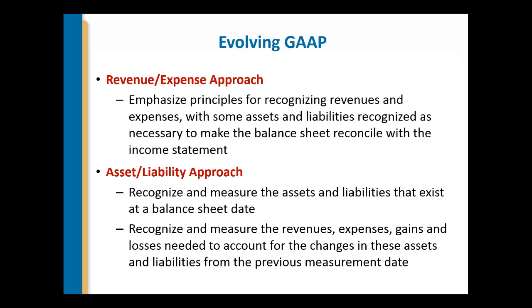Well, a revenue expense approach to financial reporting emphasizes recognition and measurement of revenues and expenses, with the balance sheet including items when their related revenues and expenses are included in income. An asset liability approach emphasizes recognition and measurement of assets and liabilities first, and then followed by the recognition of revenues, expenses, gains, and losses.